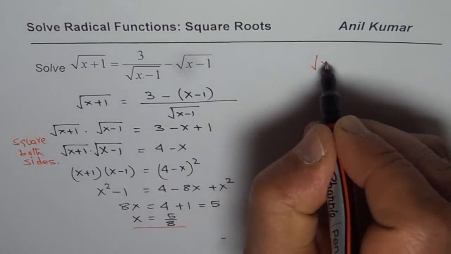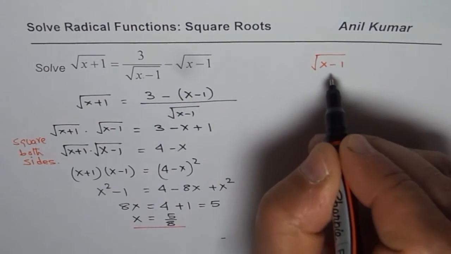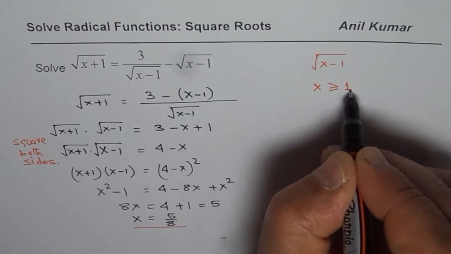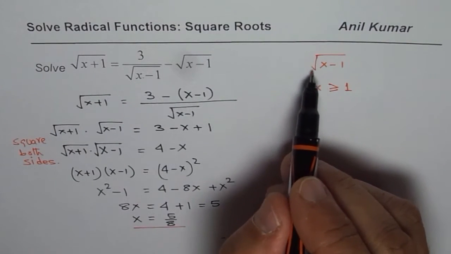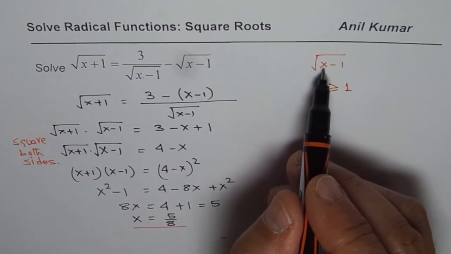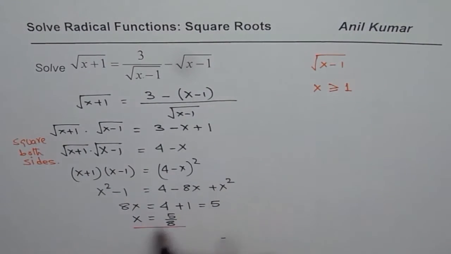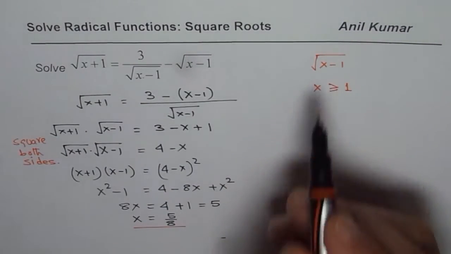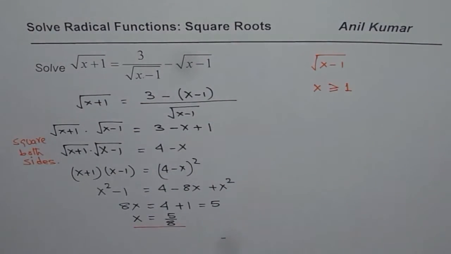The valid values for x are that x should be greater than or equal to 1, right? Otherwise, we'll get an imaginary number, not a real number. 5 over 8 is less than 1, right? So if I substitute 5 over 8, I get something which is negative.